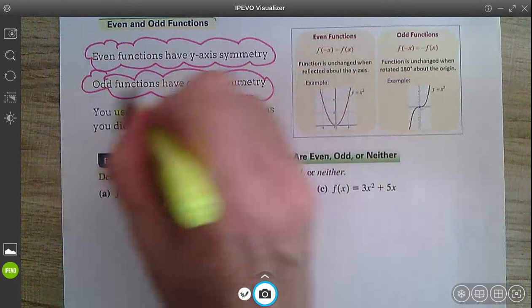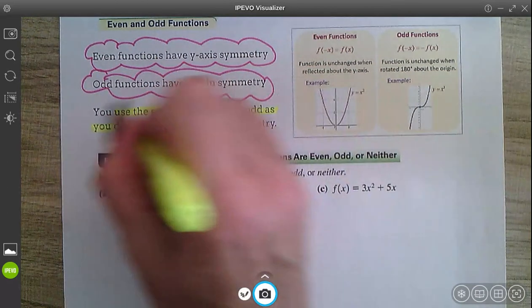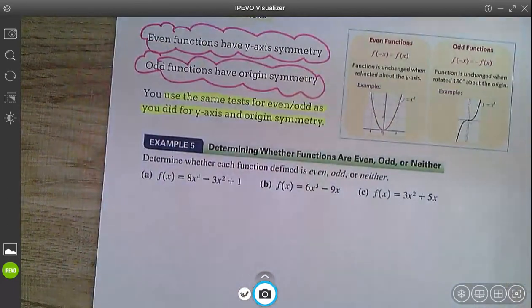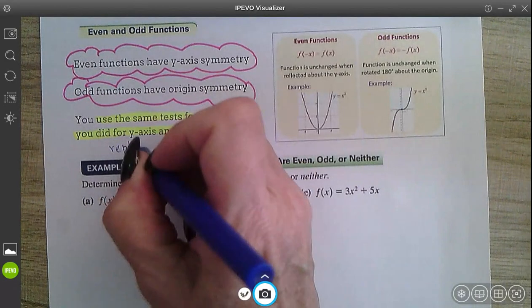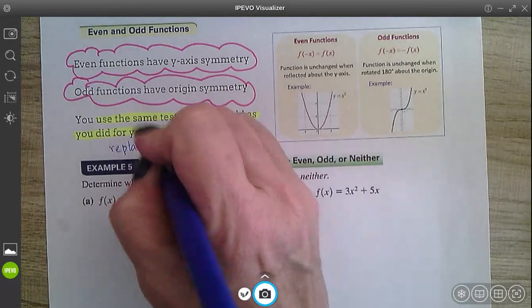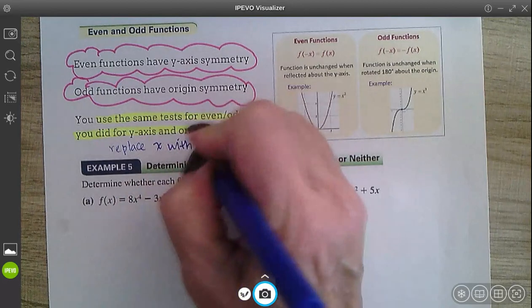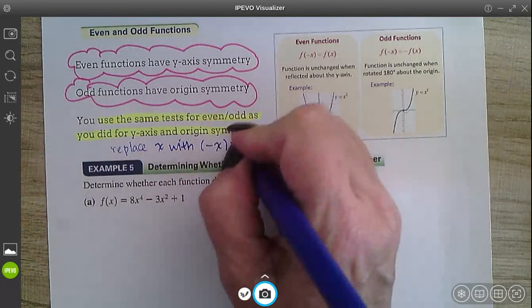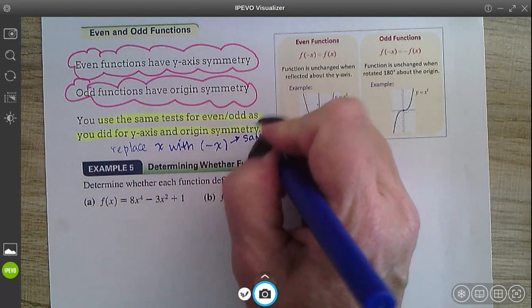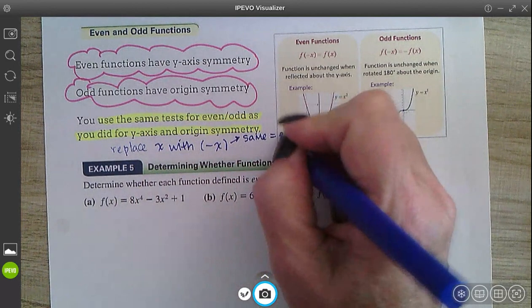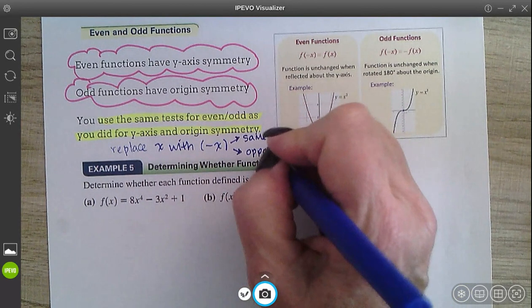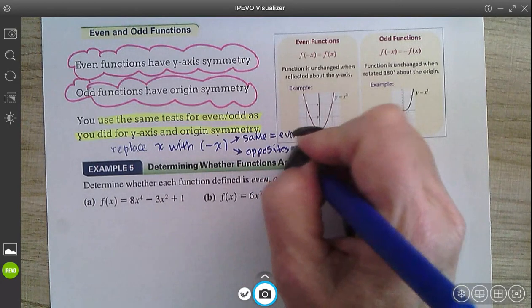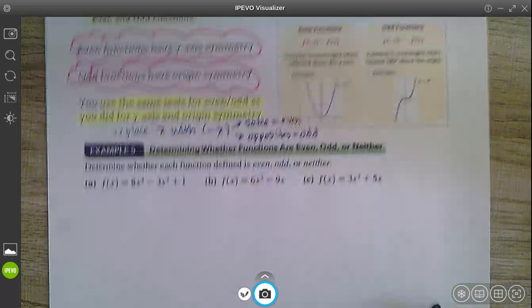Use the same test for even and odd as you did for y-axis and origin symmetry, which was to replace all of your x's with the opposite of x. And if it's the same as the original, then you're going to have an even function. If it is opposites of the original, you're going to have an odd function.